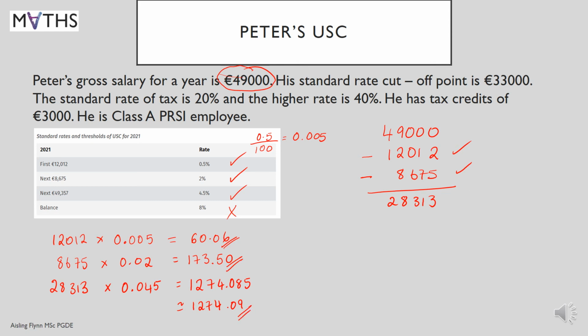To answer the USC bill, we must add those three parts: 60.06 plus 173.50 plus 1,274.09. We get €1,507.65. Not to be sneezed at. So that was USC.